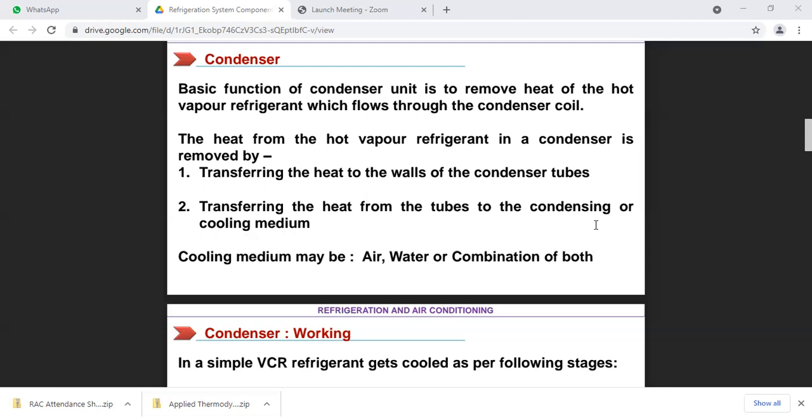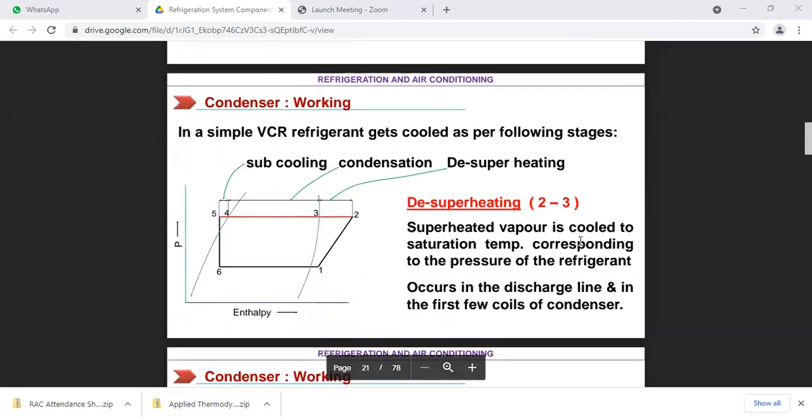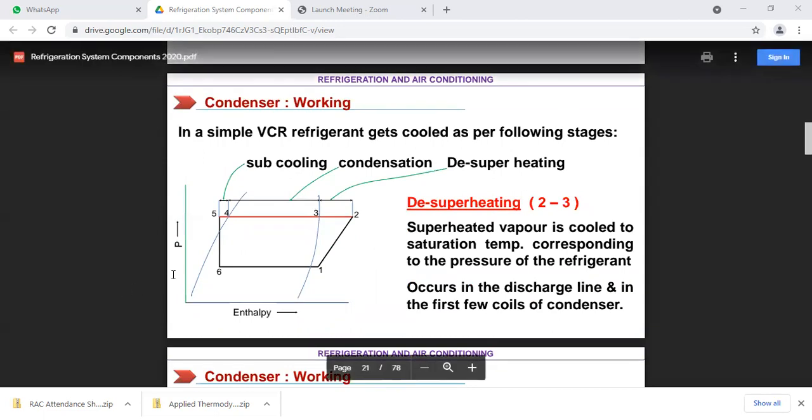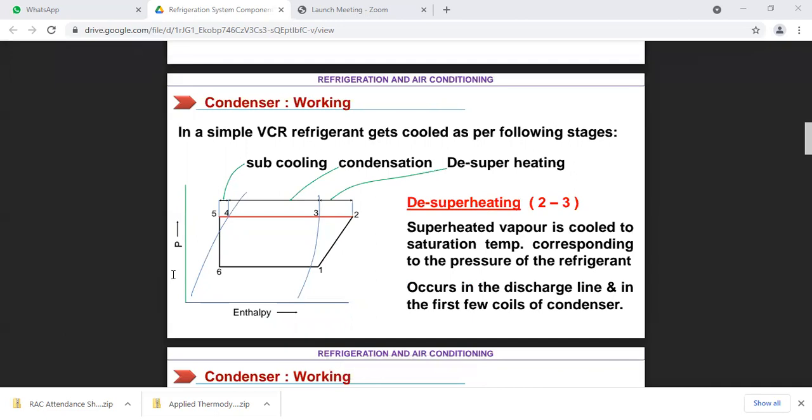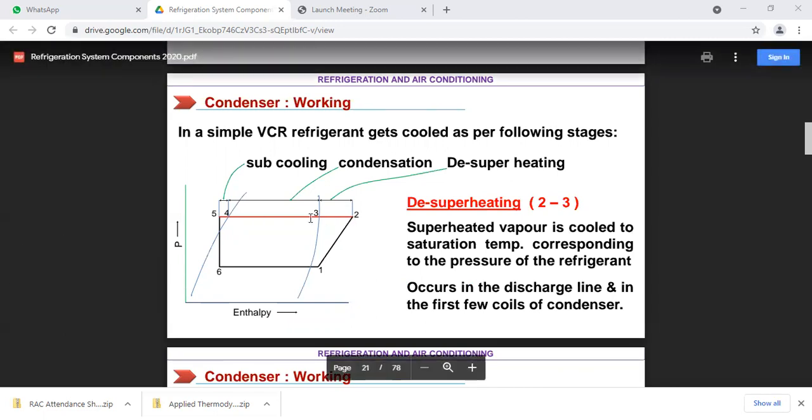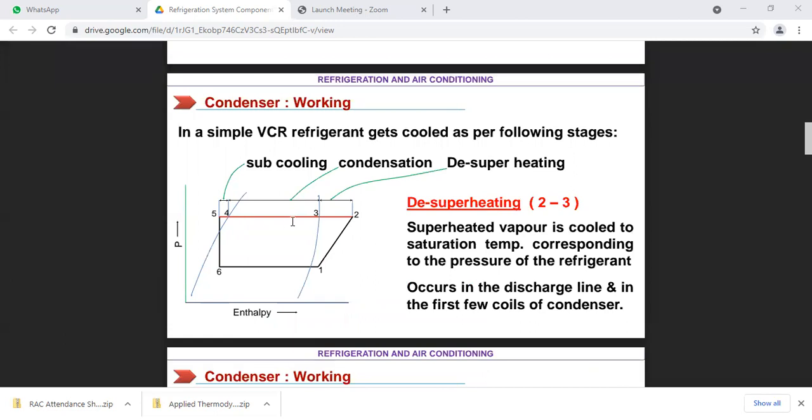Now we are going to see how the condenser works. This is the representation of the p-h chart of the vapor compression refrigeration system. In this system, this process is called the condensation process.